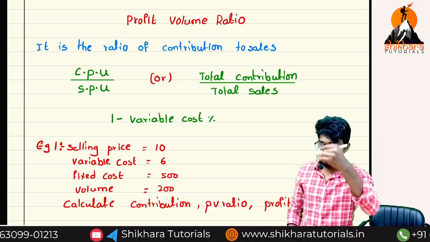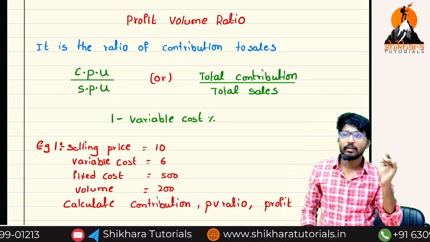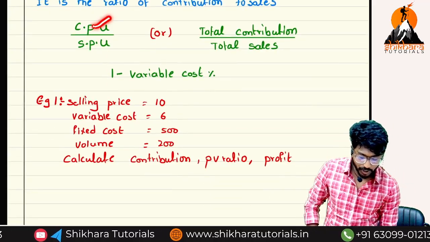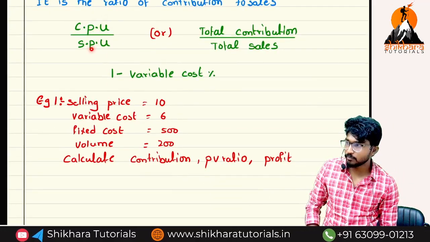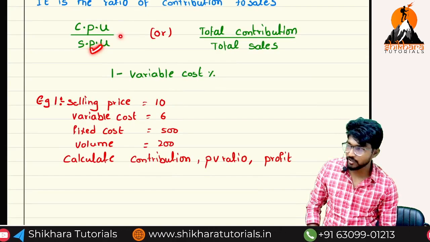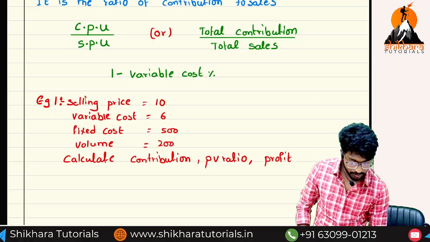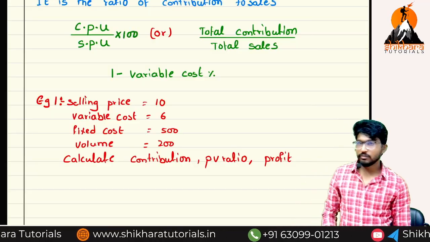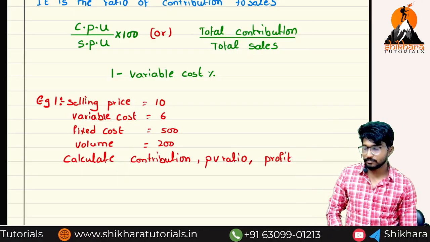Contribution per unit divided by selling price per unit into 100, you will get PV ratio in percent.